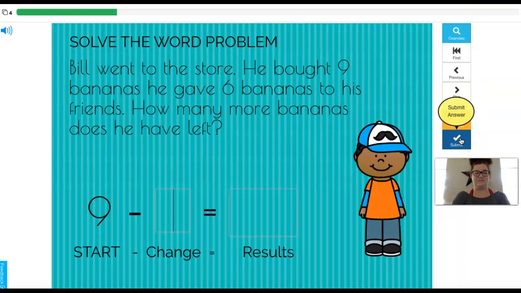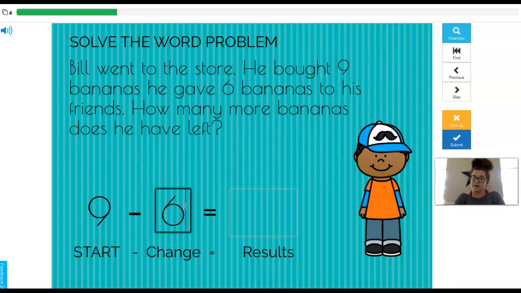All right. Bill went to the store. He bought 9 bananas. He gave 6 bananas to his friends. How many more bananas does he have left? Well, how many bananas did he start with? He started with 9. And then what did he do? He gave 6 bananas to his friends. So that's the change. And how do we find the result?